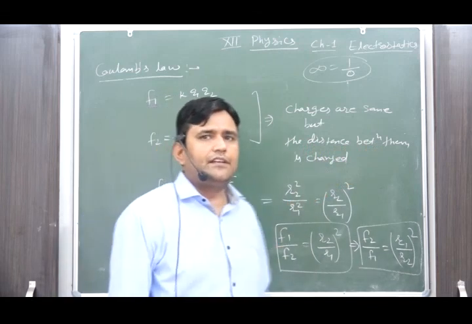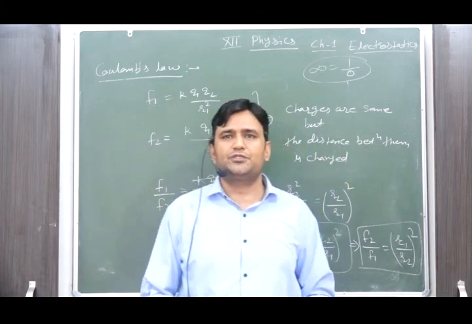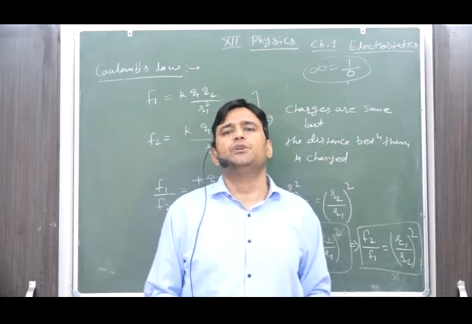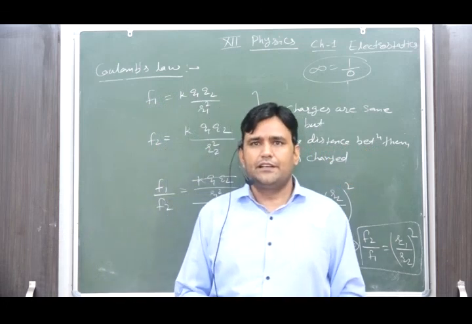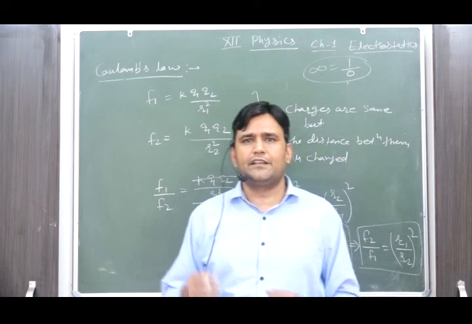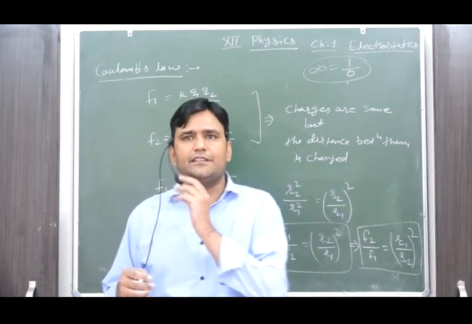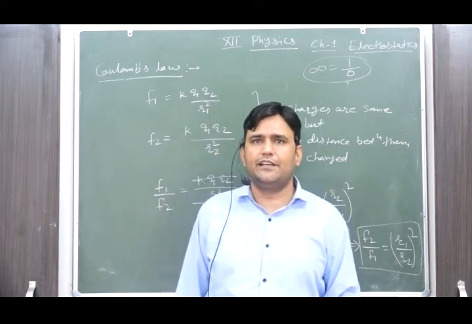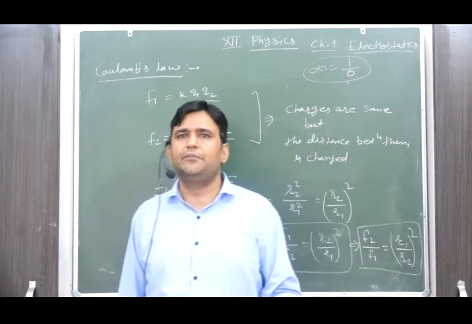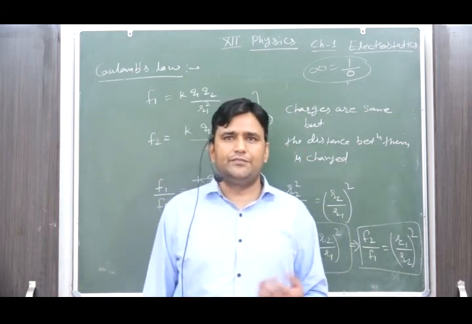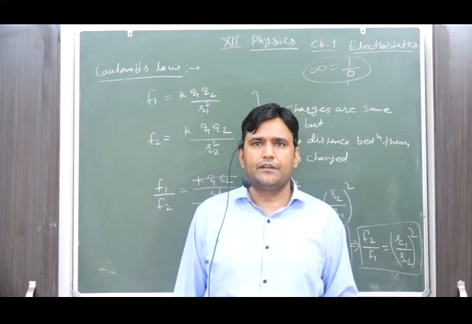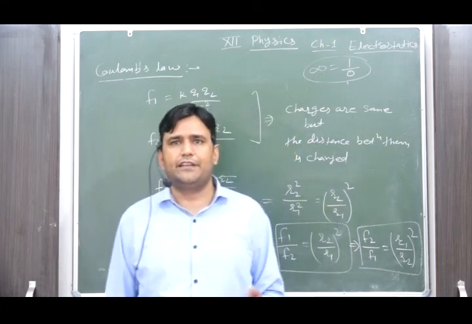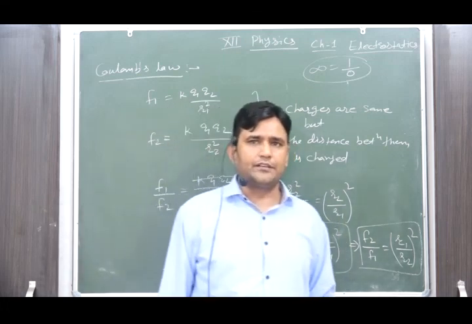It means in this type of question, if you have two 5 coulomb charges, earlier they are placed at a 10 meter distance, but in the next case they are placed at a 20 meter distance. Then the formulations are, when they are at 10 meter, then they are at 20 meter.